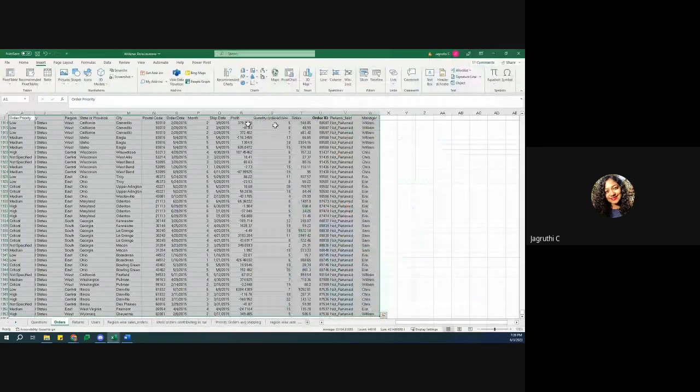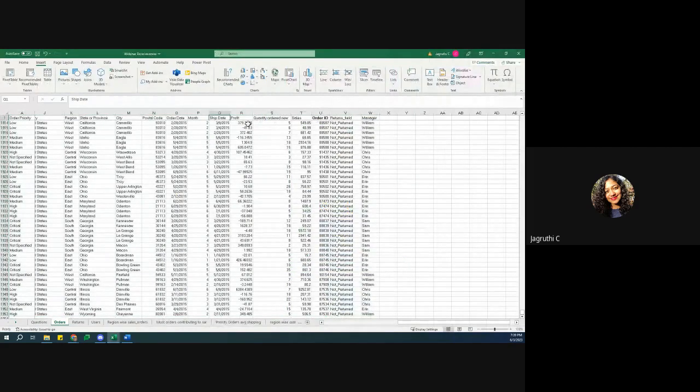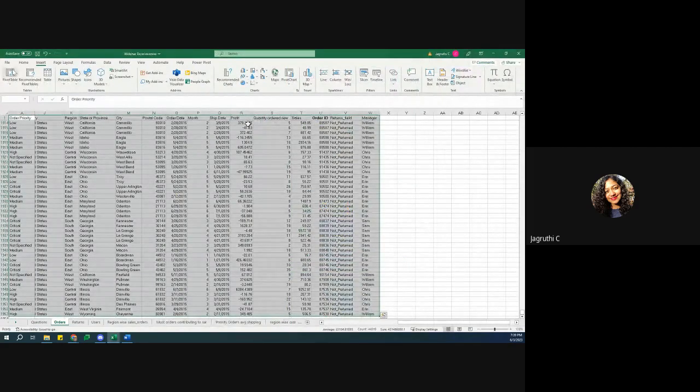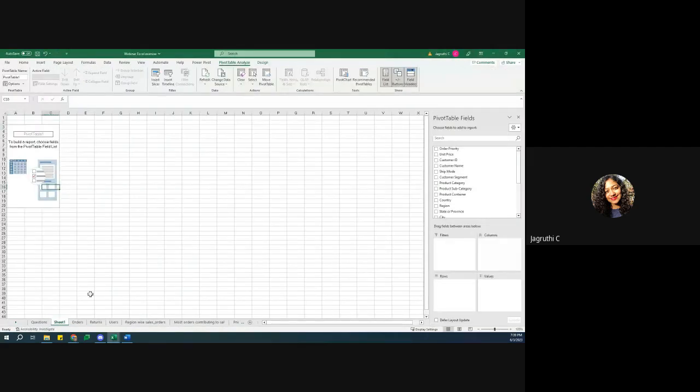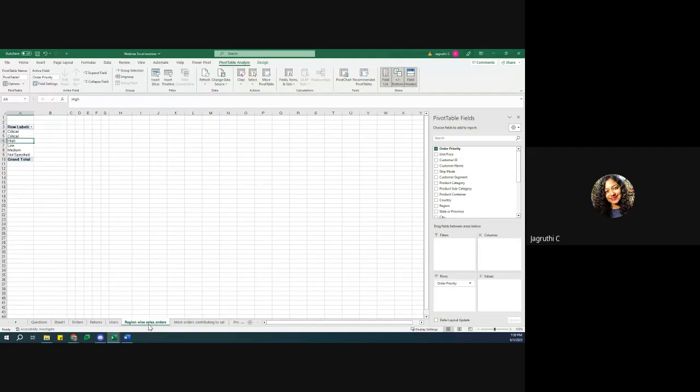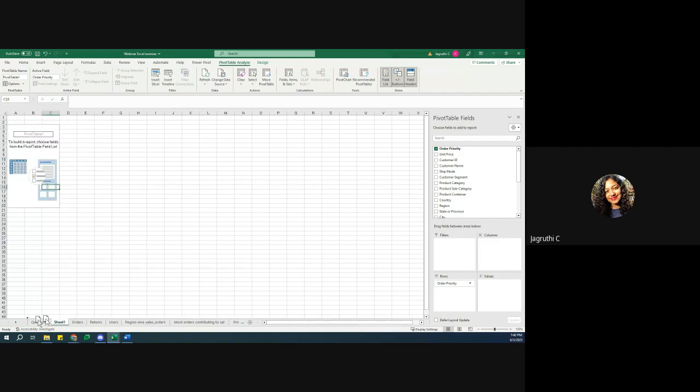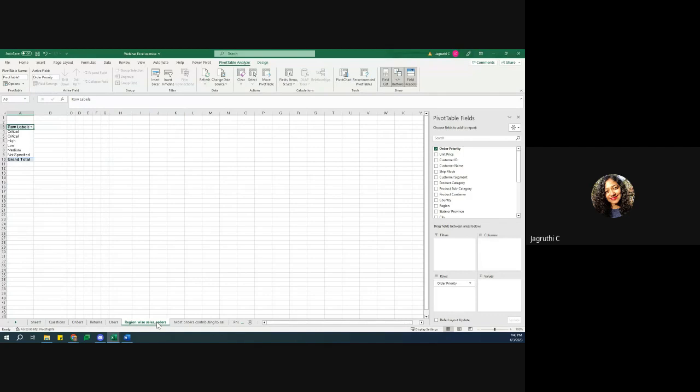One second. Insert new worksheet. So this is my new worksheet here. What I have earlier done is I've already pasted the pivot here, so it will become easier for me to start off with the questions here.